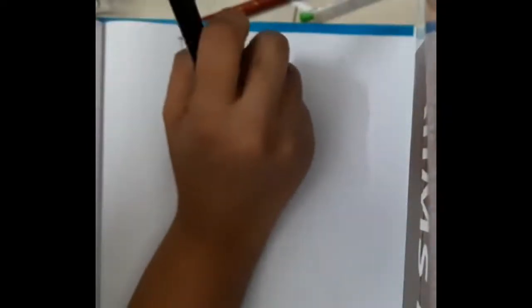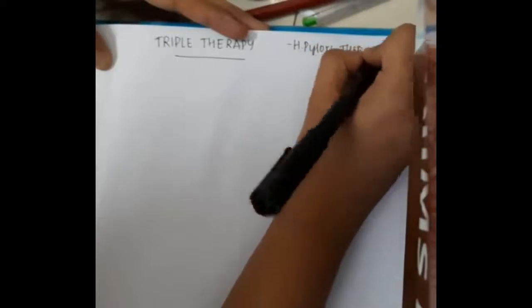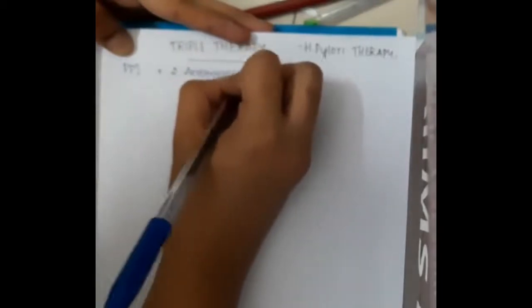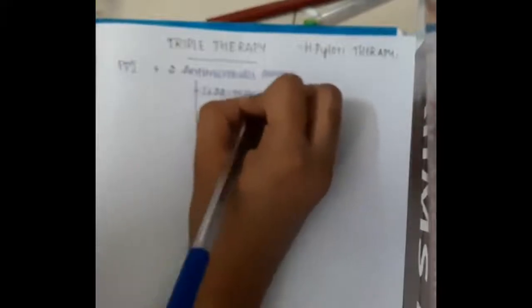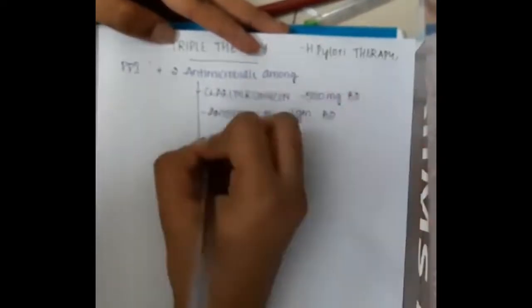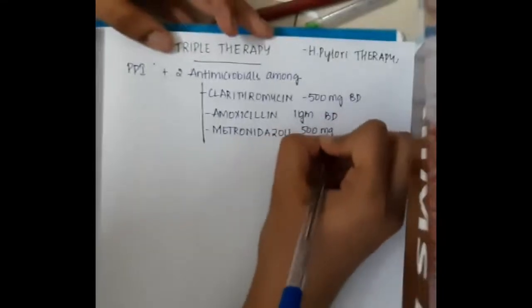Now if you see the treatment of this peptic ulcer disease, we have triple therapy, quadruple therapy and sequential therapy which is available for treatment. So first, in H. pylori therapy, in the triple therapy, we add proton pump inhibitors with 2 antimicrobials. These 2 antimicrobials are selected among clarithromycin 500 mg BD, amoxicillin 1 gram BD, metronidazole 500 mg BD.